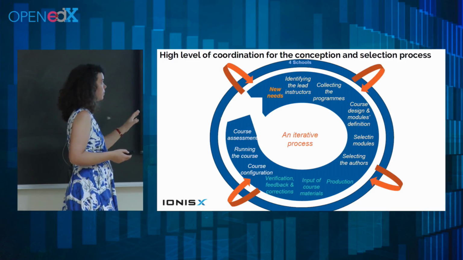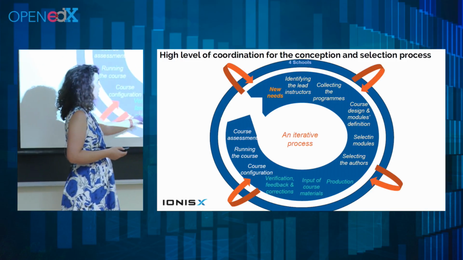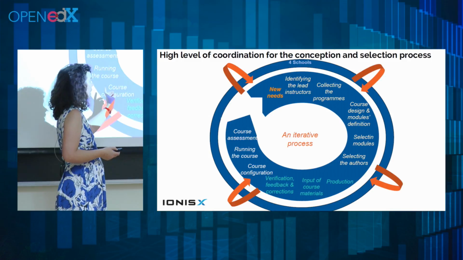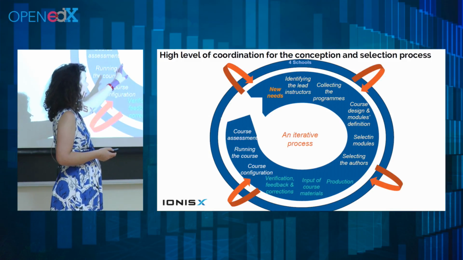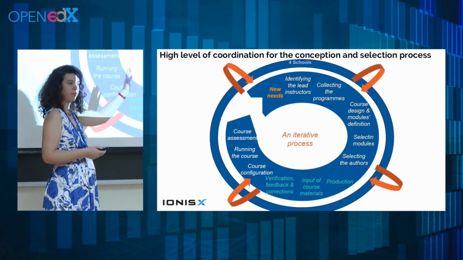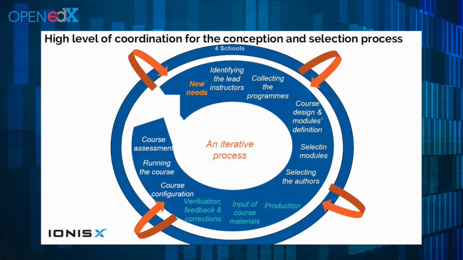At several steps of the production process, you are going to send information to the various schools, and they will validate things, send feedback, check the content, and this is, of course, an iterative process where you start from needs, and then you have all the course definition.